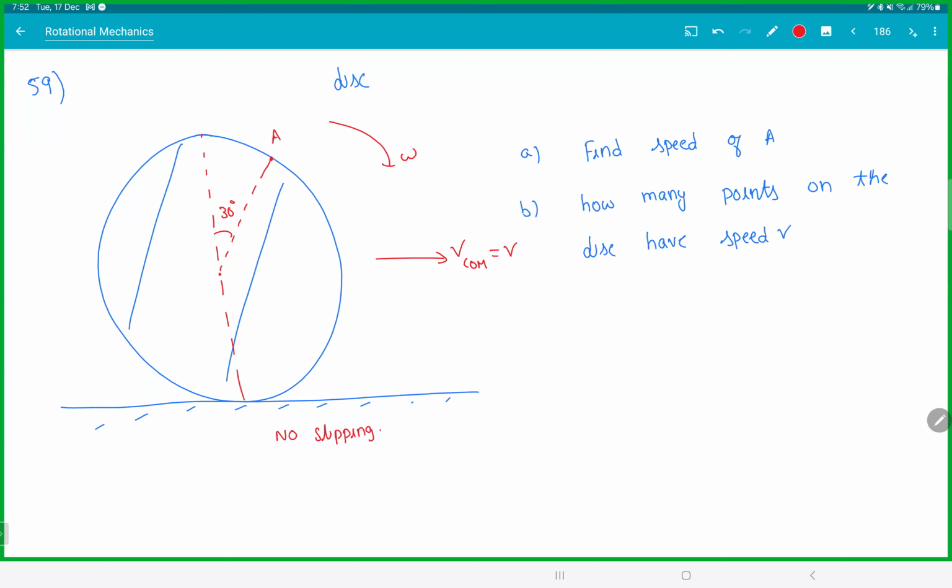Like I said, if you want to find that speed, normally what we used to do, we used to find the v and r omega components and stuff.